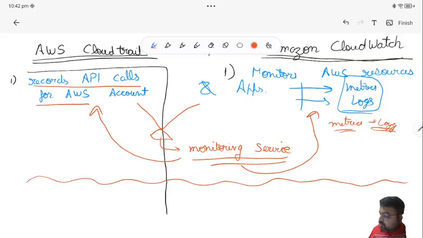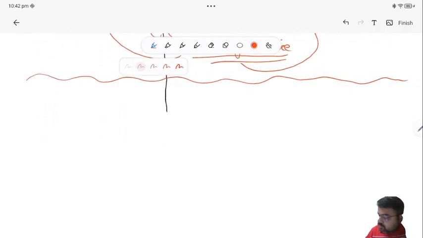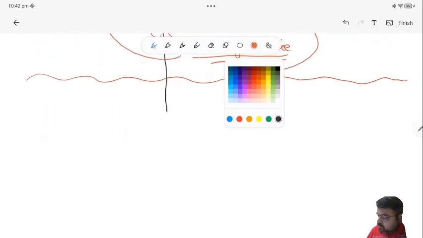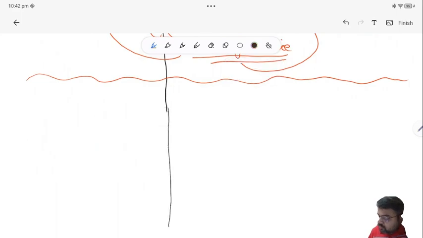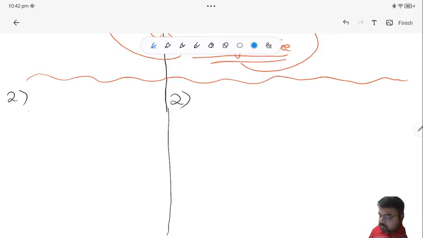So coming to point number two. By default, what CloudWatch offers or CloudTrail offers, we are going to see whether they are enabled by default or we need to enable them.